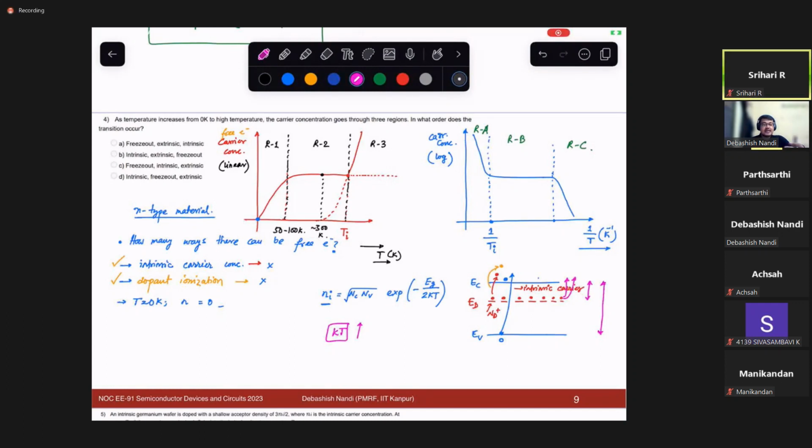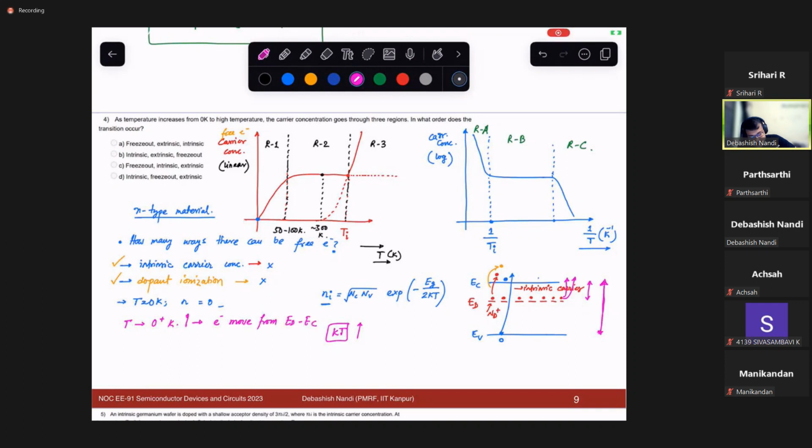And if we increase the temperature much more, then only, with sufficiently higher energy, will we have electrons surmounting from EV to EC. So as T starts from 0 plus Kelvin and increases, the first thing is that electrons move from ED to EC.